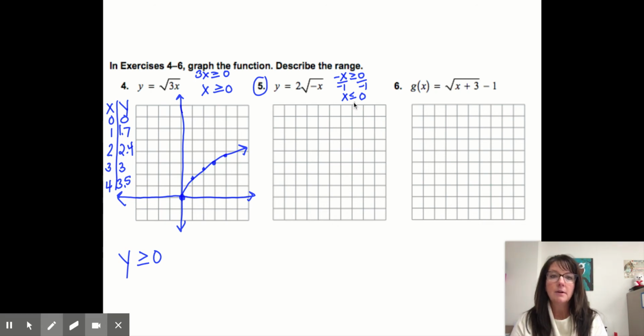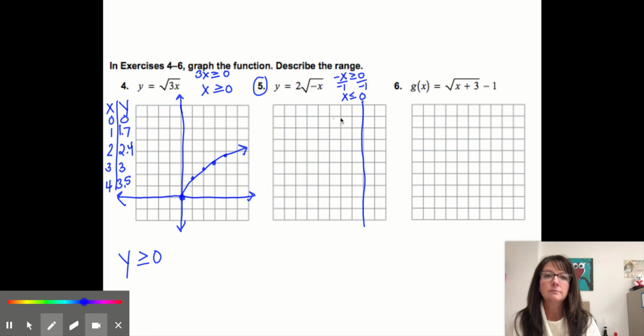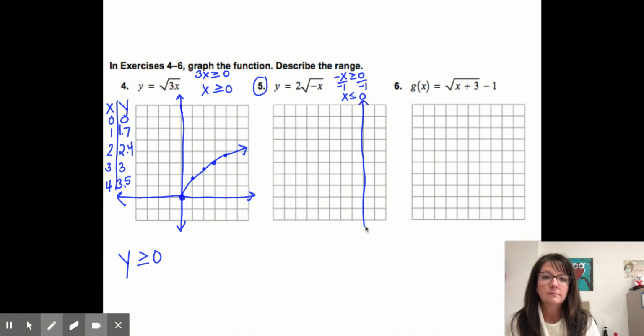All right, so I got a graph. I have a 0, 0. I have negative 1, 2. I have negative 2, 2.8, almost 3.